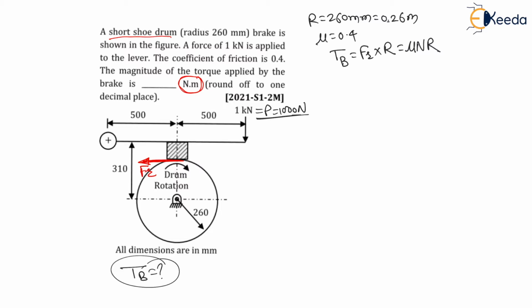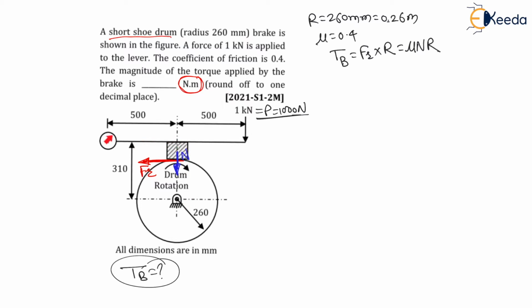Definitely. Therefore this Fr is on the drum my dear students, and because of this contacting surface the normal reaction is acting in downward direction on the drum. We can say on this drum the normal reaction will be acting downward like this. This is the normal reaction, right? Now my dear students, these normal reaction and frictional force directions are for the drum.